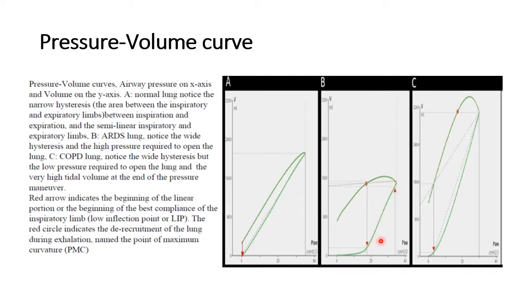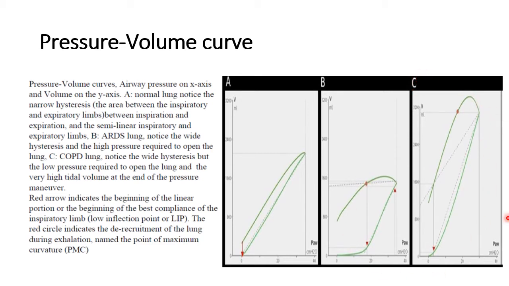So this is the more compliant part of the respiratory system, and this is very low compliance. And again, we reach a point where adding more pressure does not give you much tidal volume, so again, a low compliance area. During exhalation, you can notice that the tidal volume is maintained until a point where the tidal volume starts dropping, which is usually termed the point of maximum curvature.